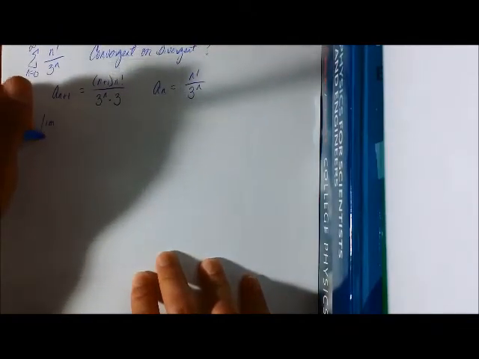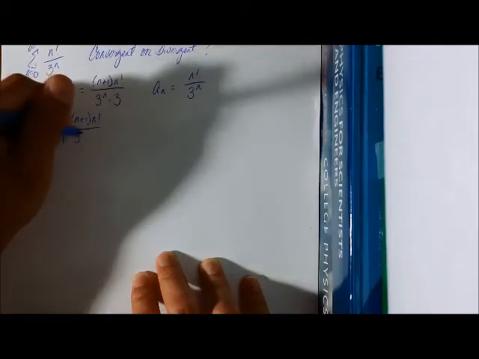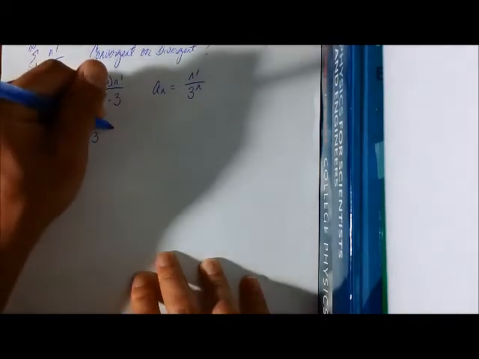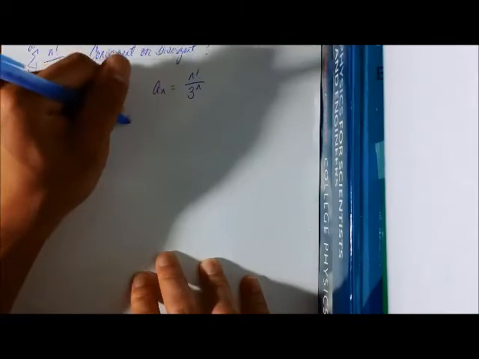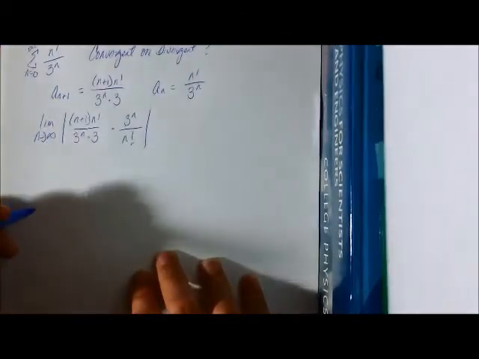Taking the limit as n goes to infinity of the absolute value of a of n plus 1 over a of n results in n plus 1 times n factorial over 3 raised to the n times 3 times the reciprocal, which is 3 to the n over n factorial. Close the absolute value.